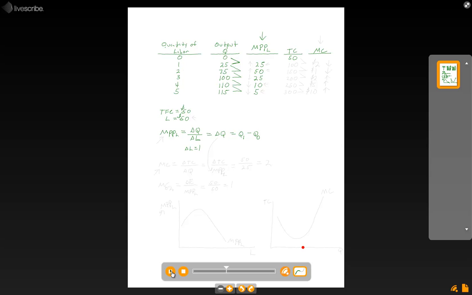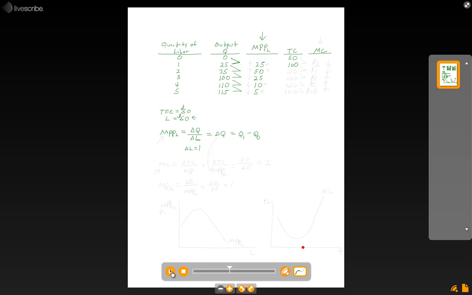If we hire our first worker, worker number 1 is being paid $50, plus we're also paying $50 of fixed cost, so our total fixed cost plus our total variable cost is going to end up equaling $100 of total cost, 1 laborer and 1 unit of fixed cost.